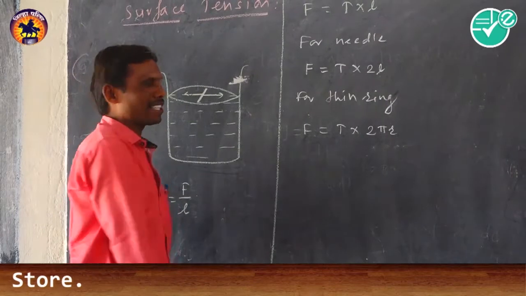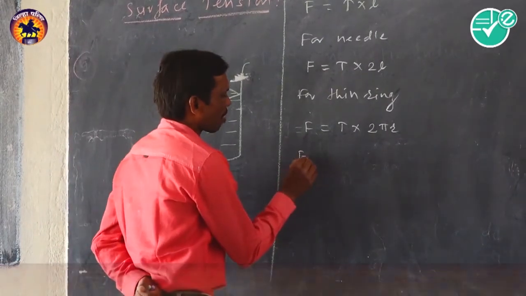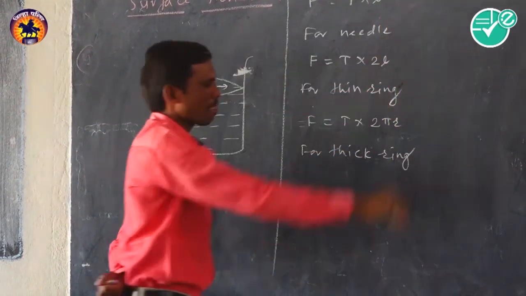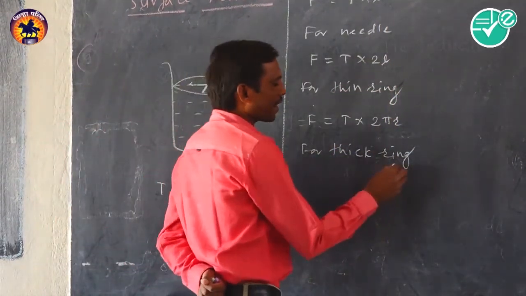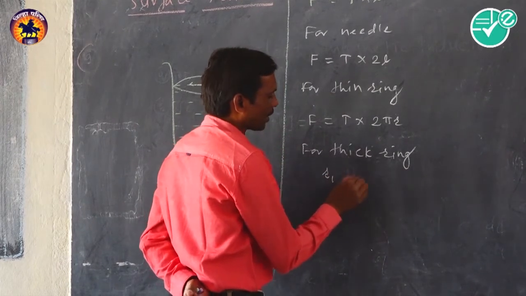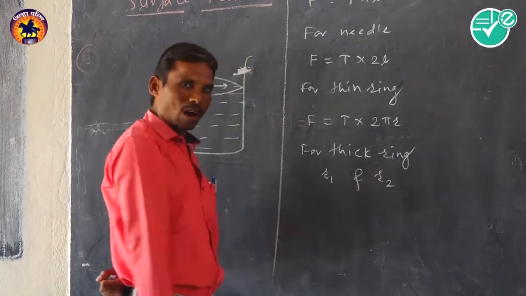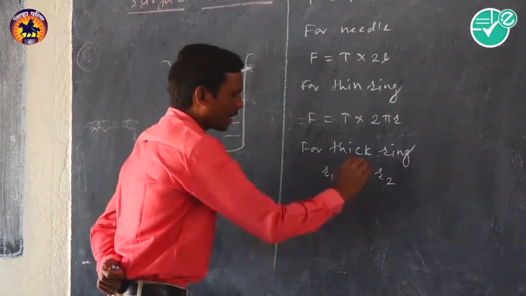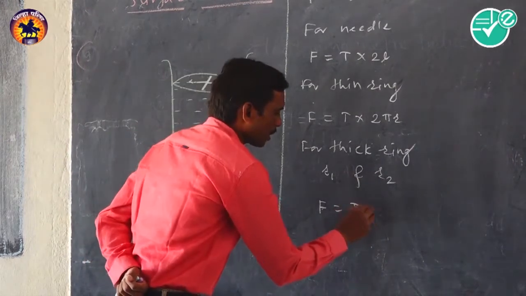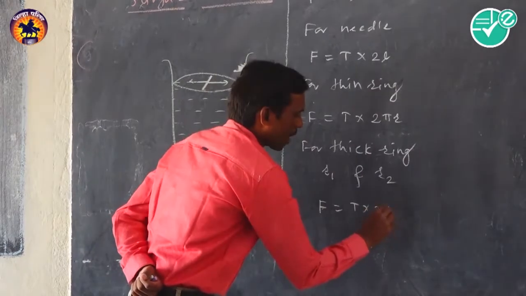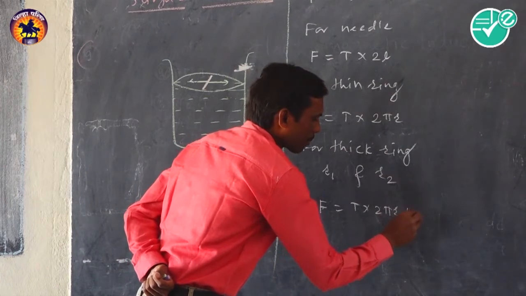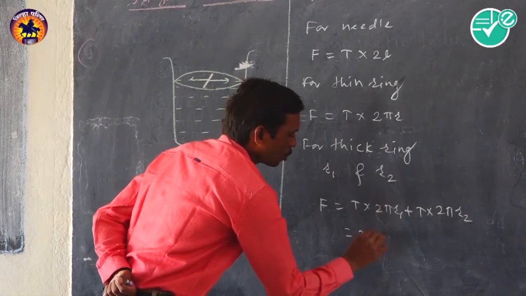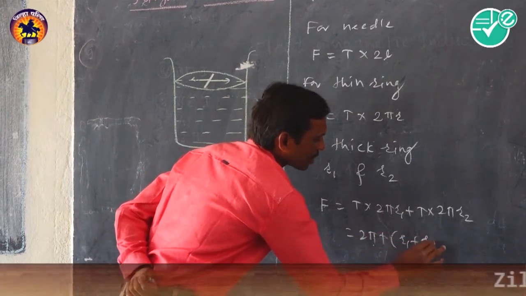But now the same expression in case of a thick ring, having inner radius R1 and outer radius R2. In this case the force experienced is F equal to T into 2 pi R1 plus T into 2 pi R2. It means that is equal to 2 pi T in bracket R1 plus R2.